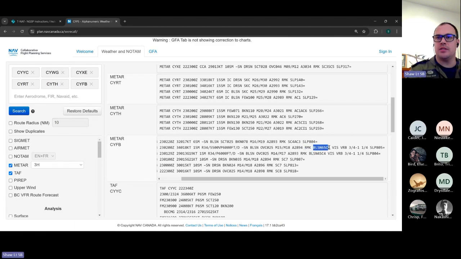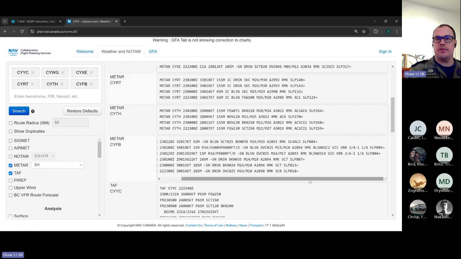So remarks, blowing snow 6, and SC, remember, if we think back to our clouds, that's stratocumulus. So 6 oktas of blowing snow and 2 oktas of stratocumulus. Visibility is variable between 3/4 of a mile and 1 1/4 mile, and then it's got the sea level pressure on there as well. So it's a blustery winter day there in Iqaluit.